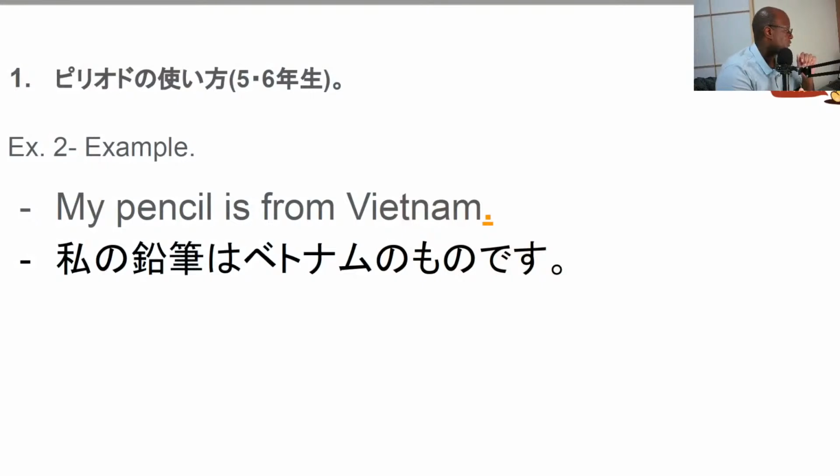So teachers, try to check all of your students' written presentations with Google Slides. Check for the period here at my pencil is from Vietnam. So please check for that period. Make sure it's there.